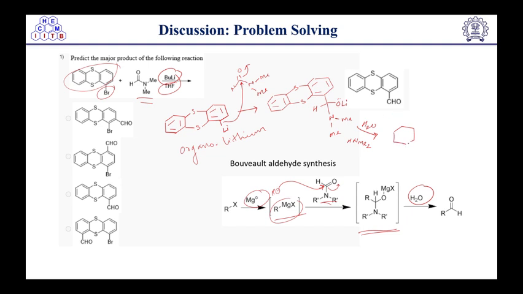So here we will get this as a product. This Bouveault aldehyde synthesis reaction is the same, except that instead of magnesium we have used a lithium reagent. Organomagnesium is not here in this case, it is an organolithium reaction. So the correct option here is option number 3.